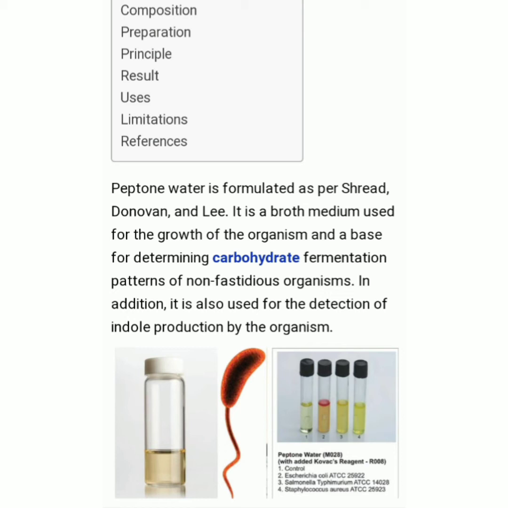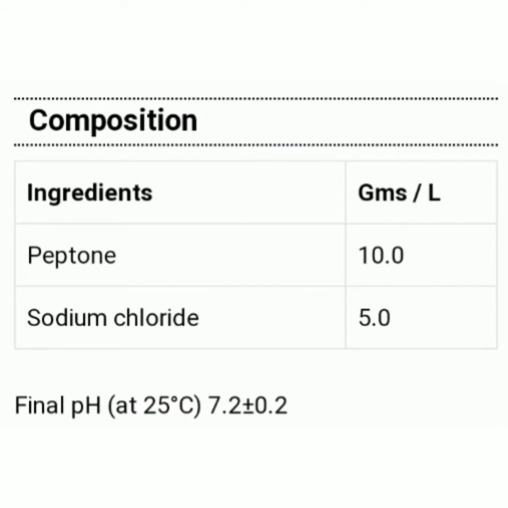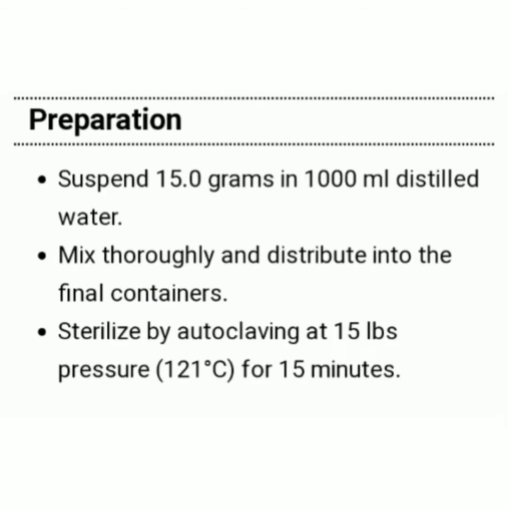The other thing is that here we can see the composition, right? It is easy to remember because the composition of this media is very simple, which is actually two things. One is peptone and the other one is sodium chloride. So whenever you prepare peptone water, you need 10 gram per liter peptone and 5 gram per liter NaCl, right?